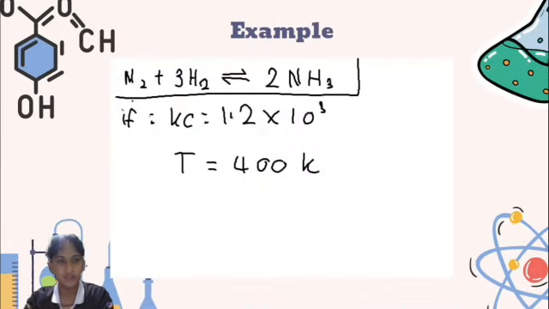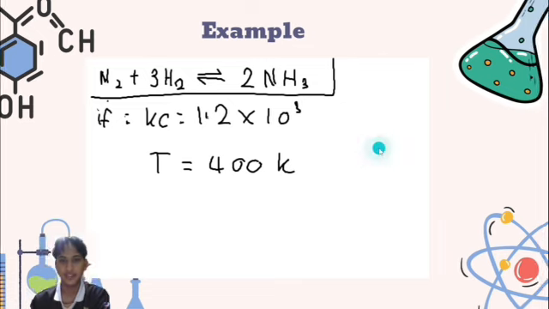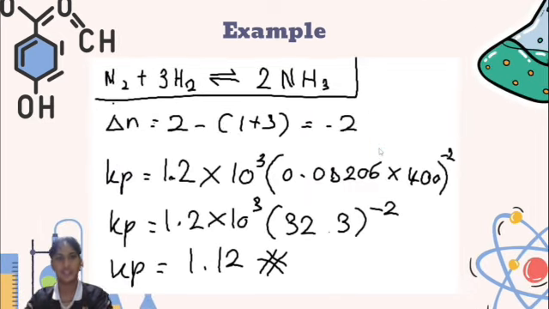So this is an example. We have N2 plus 3H2 on the left, and on the right side we have 2NH3. Kc is equal to 1.2 times 10 to the power of 3 and the temperature is 400 Kelvin. This is how we solve it.